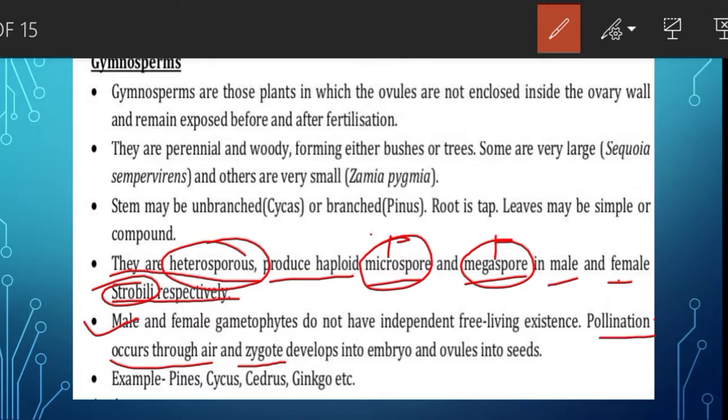This zygote then develops into embryo, and the ovules develop into seeds. Examples are pines, cycas, cedrus, ginkgo, etc.